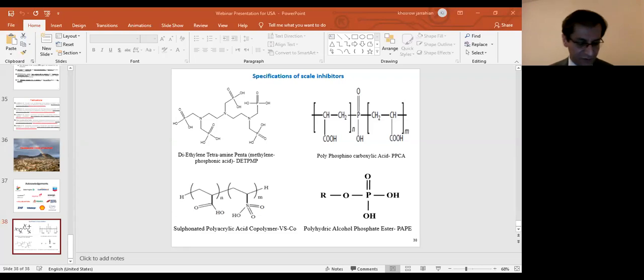Recently, one Finnish company, I can't remember the name, has claimed that they have developed an analytical instrument to analyze the green scale inhibitors. But I would say it is expensive and it hasn't been developed for industry so far, to the best of my knowledge.